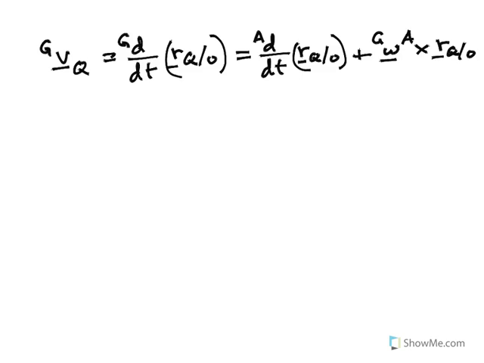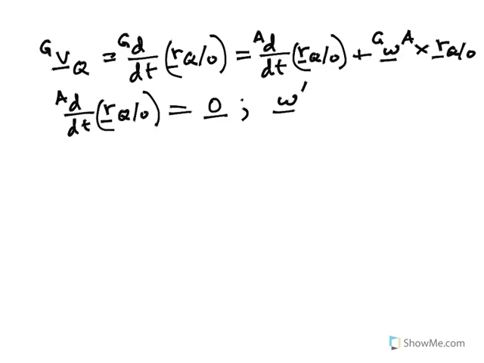Now, let's do the first part. d dt in A of the position of Q relative to O is equal to 0 because L1 is constant and E1 is fixed in the first arm. The angular velocity of A in G is equal to theta dot times E3.